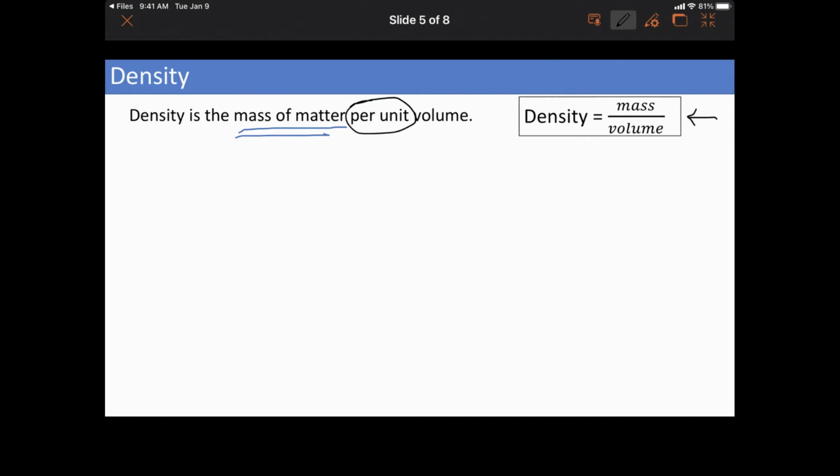I'm going to take a quick moment to explain mass, which I'm not very good at, but mass and weight are different. Mass is how much matter is in an object. Weight is about gravitational pull.